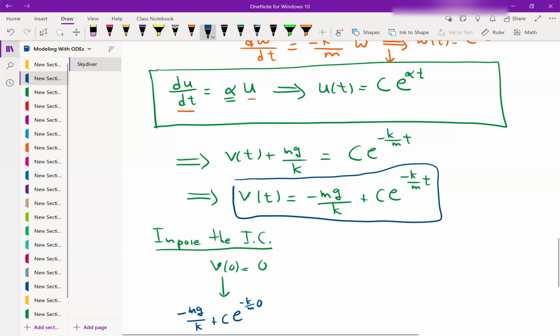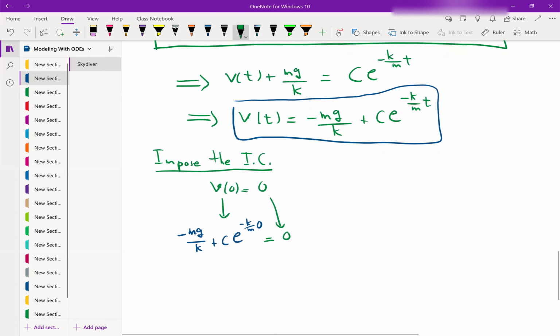That is V at 0, and this must be equal to 0, right? The left-hand side must equal the right-hand side. So negative mg over k plus c, because e to the power of 0 is 1, is equal to 0. That tells me that c, the constant that I was looking for, is mg over k.